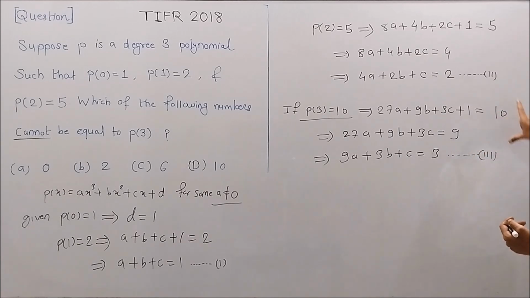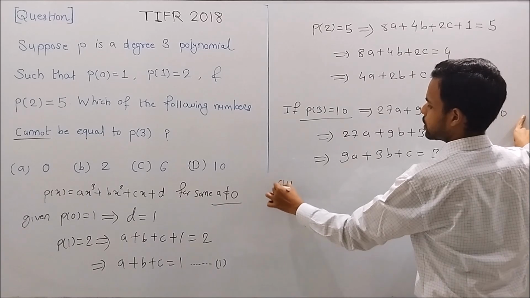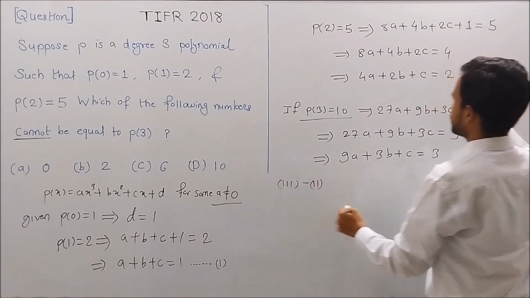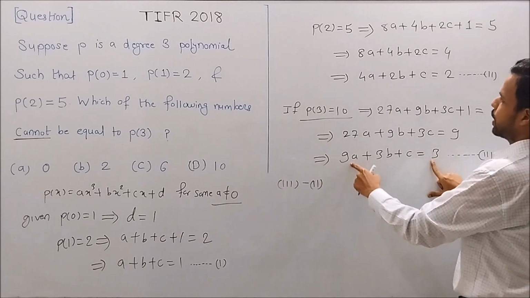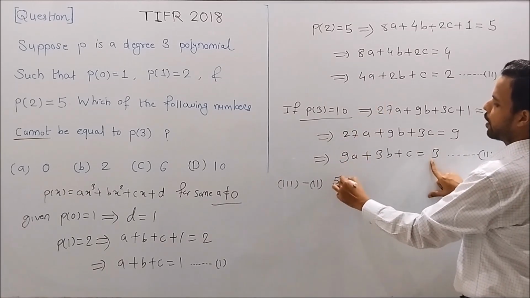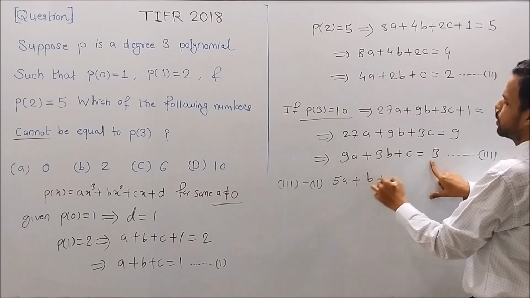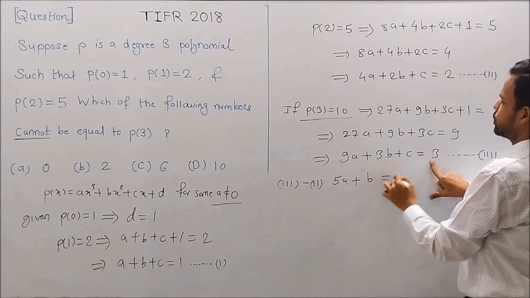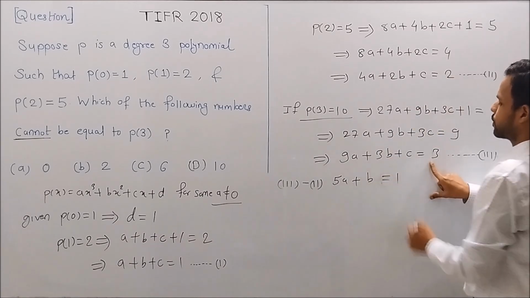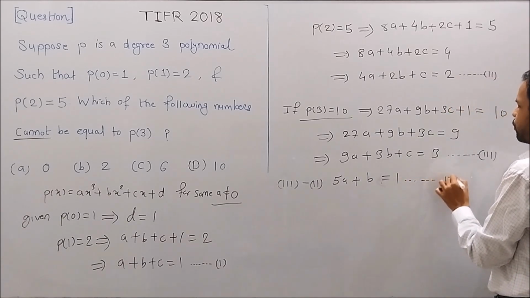We have three equations. Let us use equations 2 and 3 first. Subtracting equation 2 from equation 3, we get 9a minus 4a, that is 5a, 3b minus 2b, that is b, c minus c, that is 0, equals 3 minus 2, which is 1. Call this equation 4.